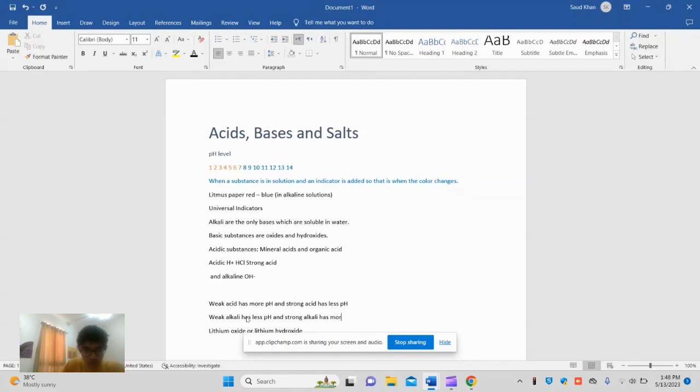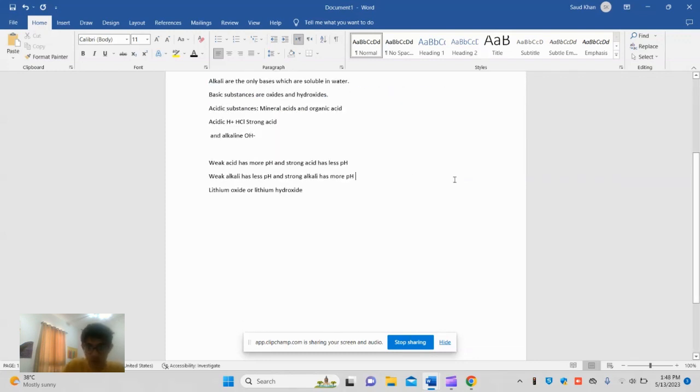And guys, I forgot to tell you that with lithium oxide and lithium hydroxide, we don't mostly use group 1 reactive metals to do experiments. And group 2 also has oxides and hydroxides. Another thing about group 1: when you have a reaction like sodium chloride, ionic compounds basically bond by electrons.